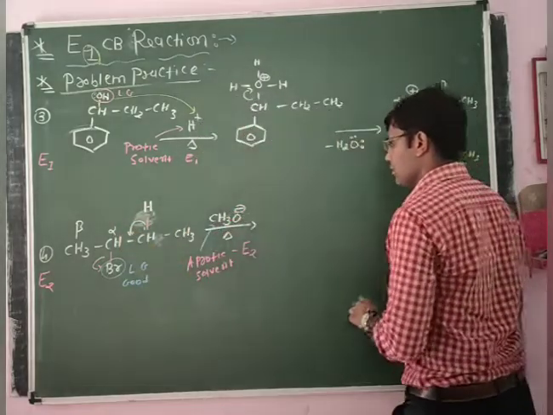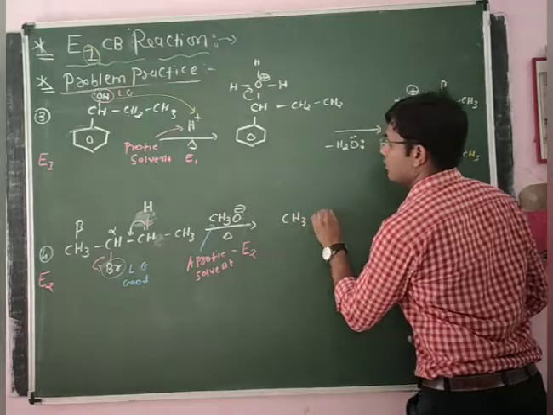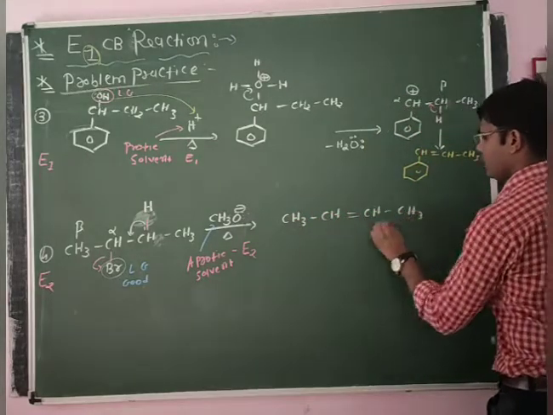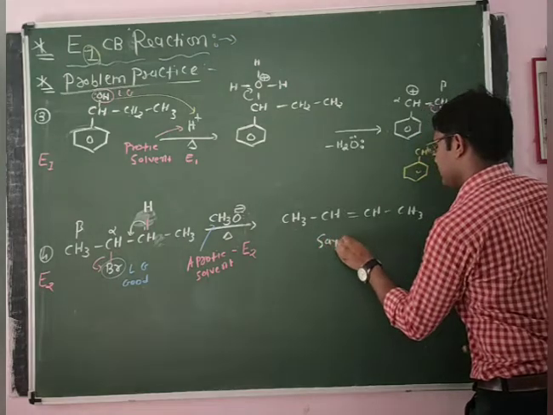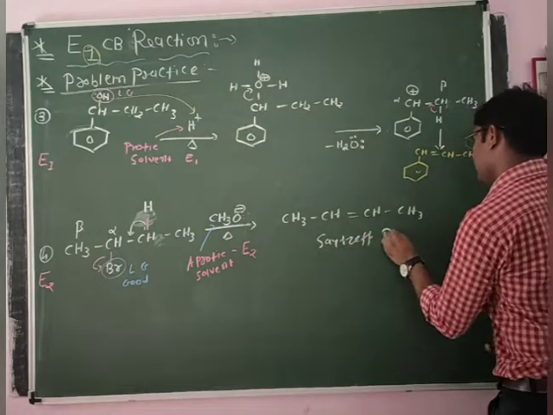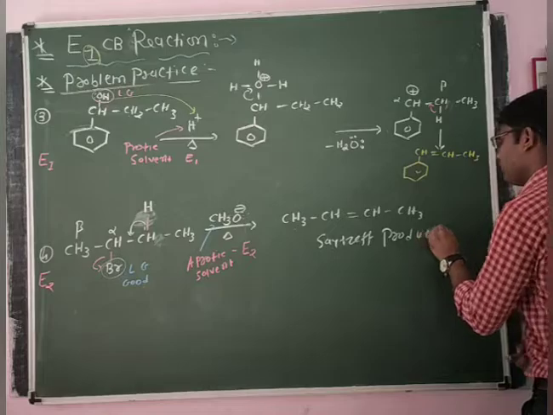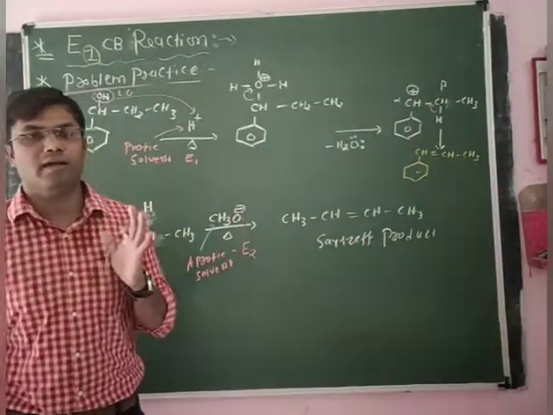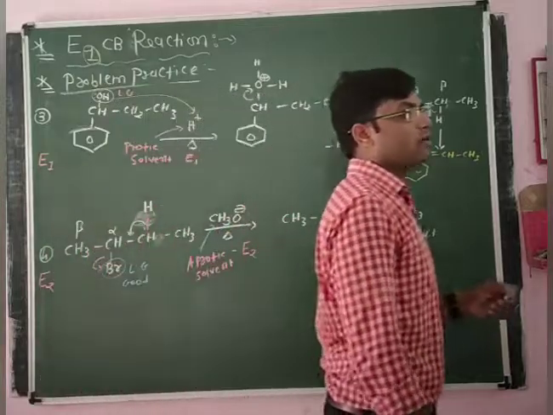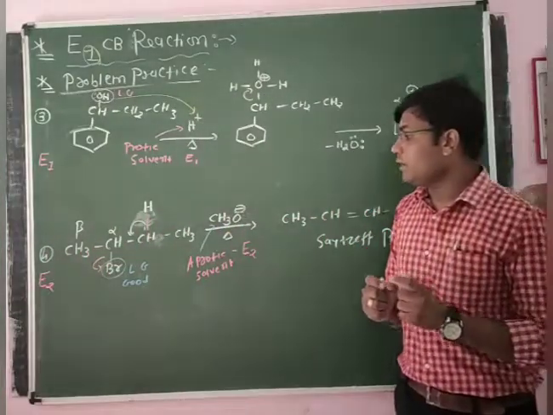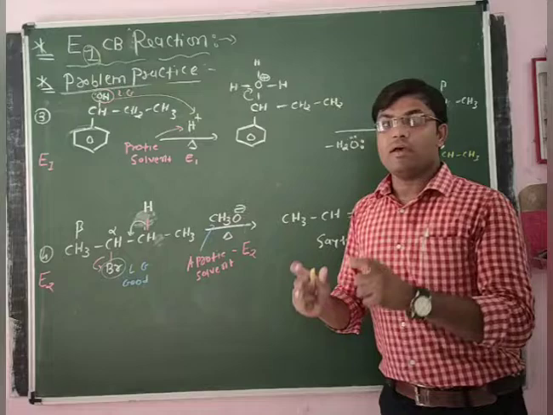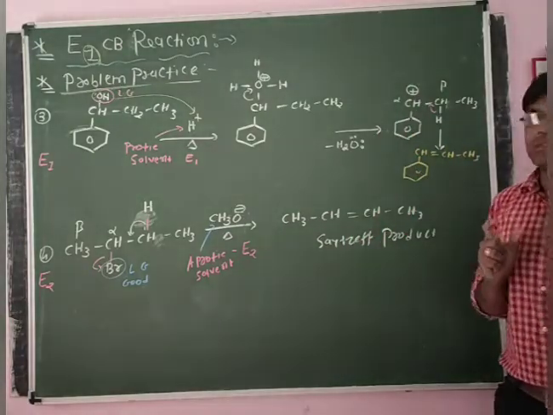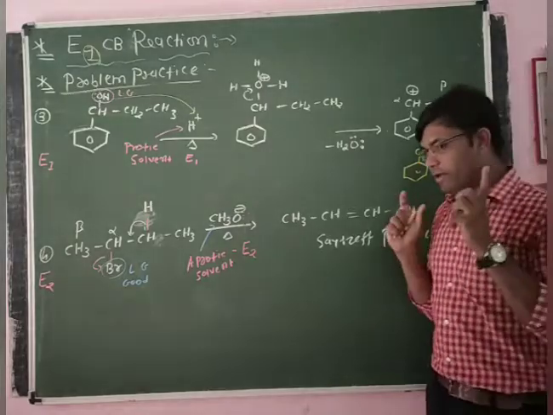So we get CH3 CH double bond CH. It is our Z product, and this is our major product. So from these four examples you can learn very well when the E1 mechanism occurs, when the E2 mechanism occurs, and when the E1cB mechanism occurs. You will understand clearly from these problems. Okay.